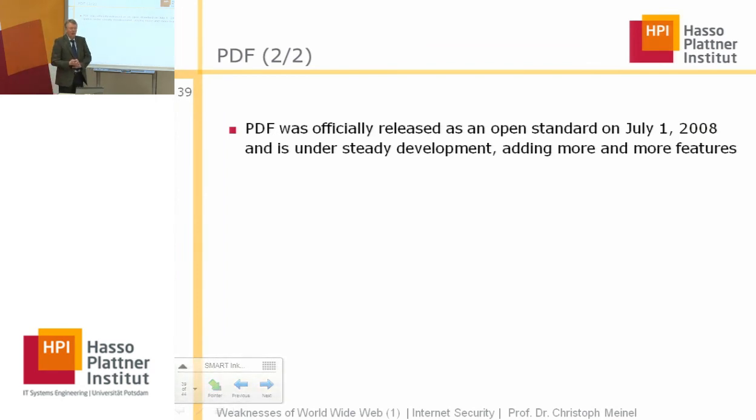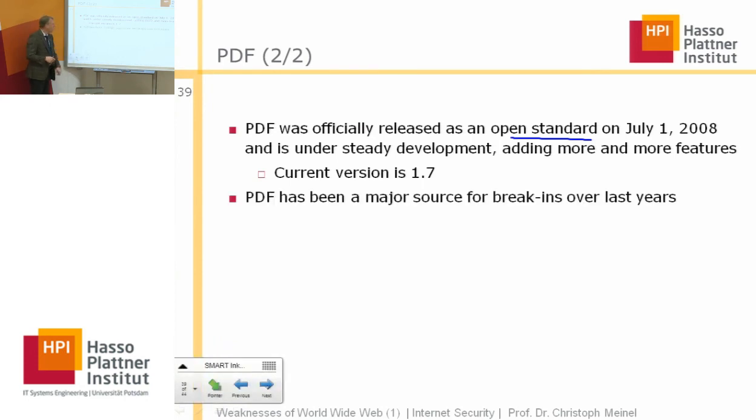PDF was first released as an open standard in July 2008. And of course, it's under steady development. The development mainly consists in adding more and more features that make it interesting and attractive to users. The current version is 1.7.